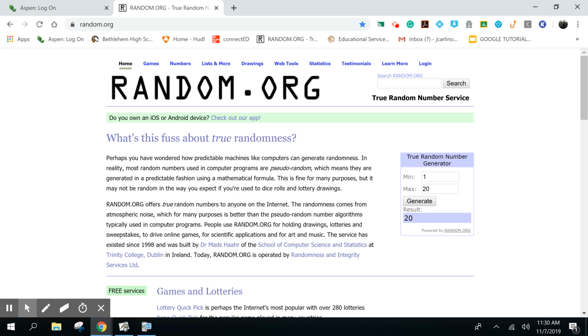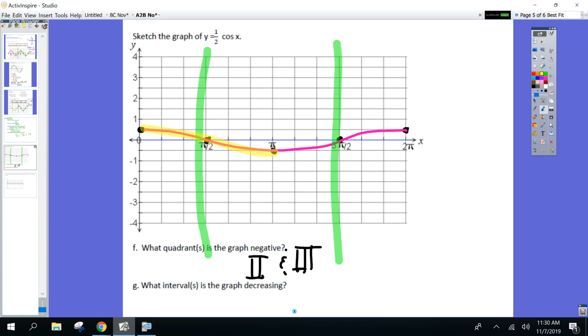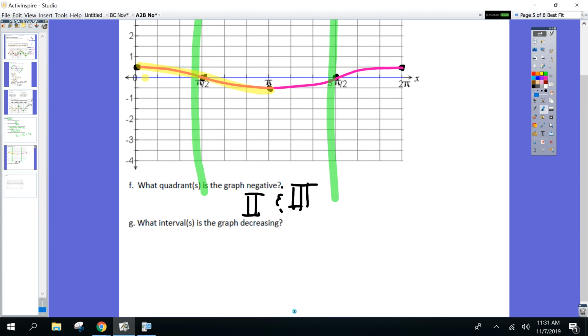On the x-axis, not the y-axis. From what to what on the x-axis is this going down? What's this value? 0 to what? Pi. Everyone see that? From 0 to pi, and I'm putting it in not brackets, but parentheses, because it's not actually decreasing at those two spots.